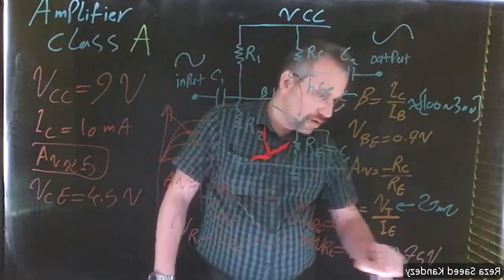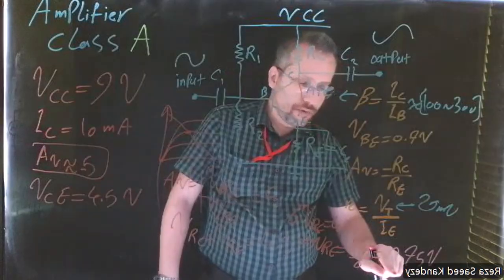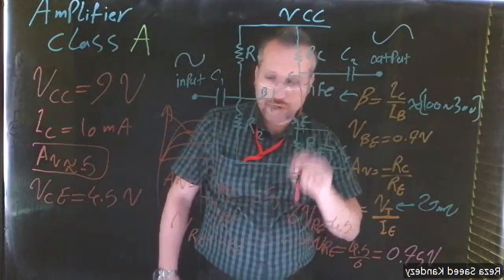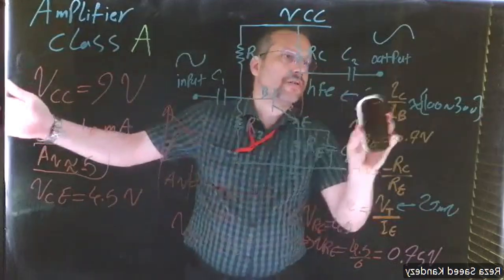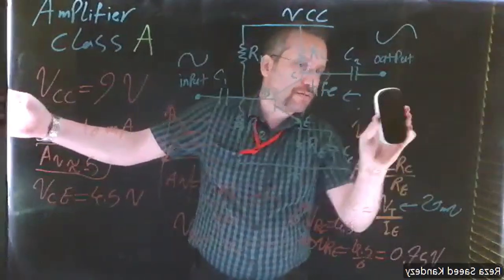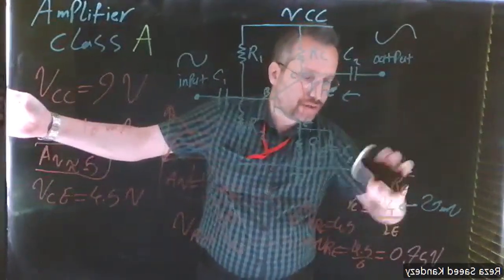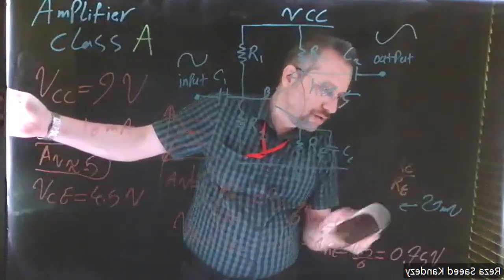So this is our emitter voltage. Now that we have our emitter voltage, let me erase these hints and equations. I need some space.